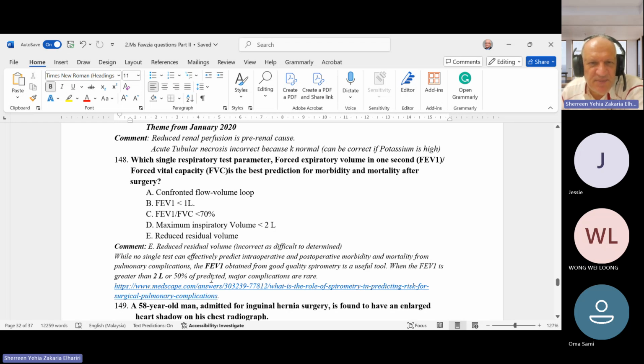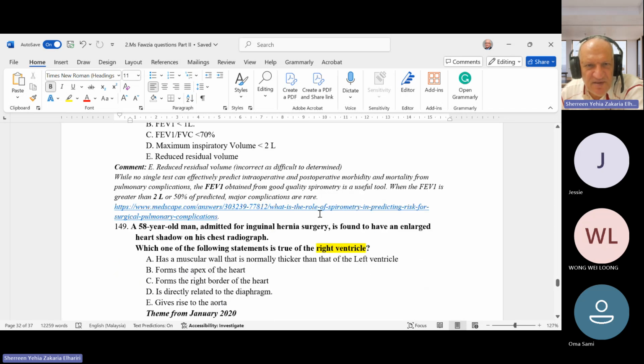So it is answer B. Of course, vital capacity includes tidal volume, inspiratory and expiratory reserve volume. Forced expiratory volume is the volume after full inspiration and forced expiration. So the answer is forced expiratory volume in 1 second, less than 1 liter. That is the reference we are interested in.